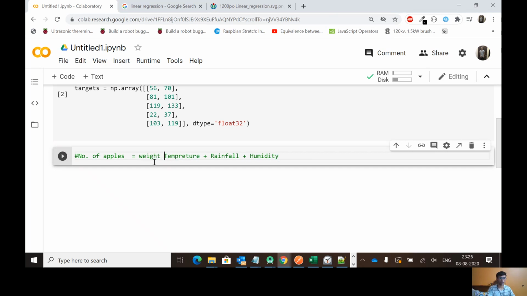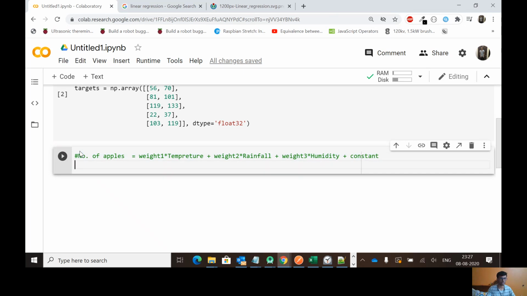We have weight 1 into this, weight 2 into this, weight 3 into this, plus a constant. This is the mathematical formula of multiple linear regression, and it will be the same for oranges as well. So if you want an equation for oranges, it will be the same.